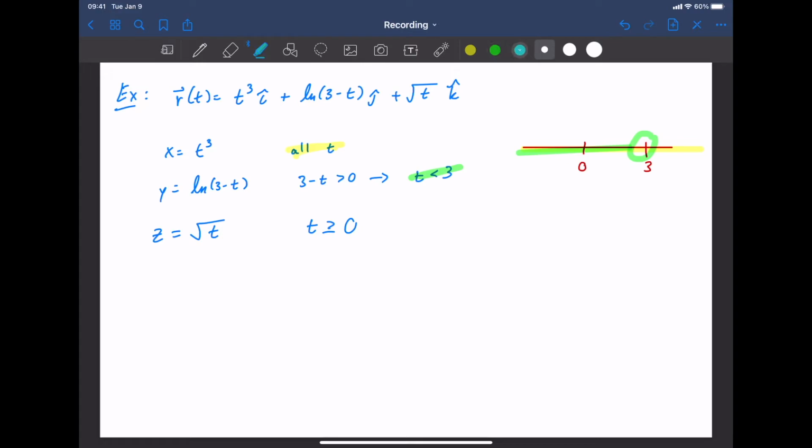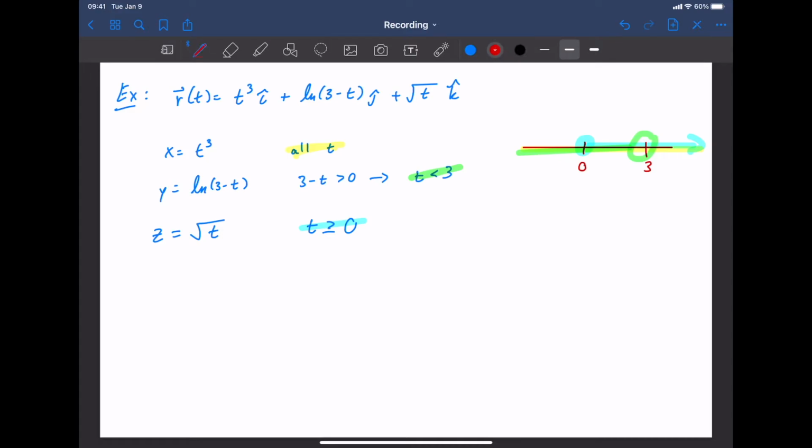And then t greater than or equal to 0 would be a solid dot on 0 and then going that way. And we're trying to see where all 3 are satisfied. Where are all 3 of these functions satisfied?